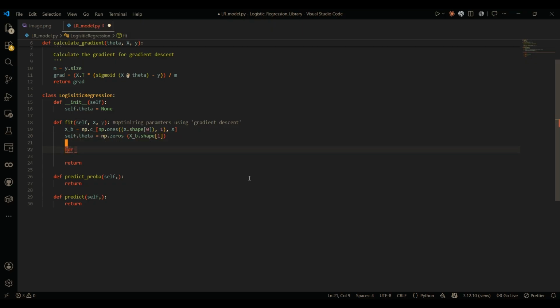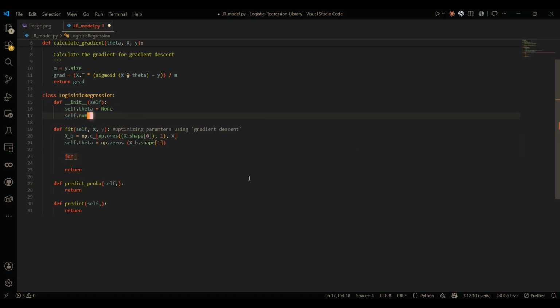So let's continue. Because we're doing gradient descent, we're going to need things like the number of iterations. Usually we set it as 1000. Learning rate, here alpha equals 0.01, and then tolerance, which means how close we allow the gradient to be to 0. When the gradient is so close to 0, there is no point optimizing anymore.